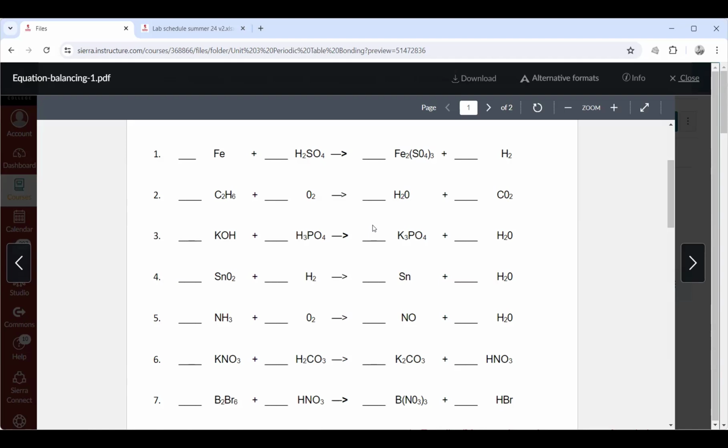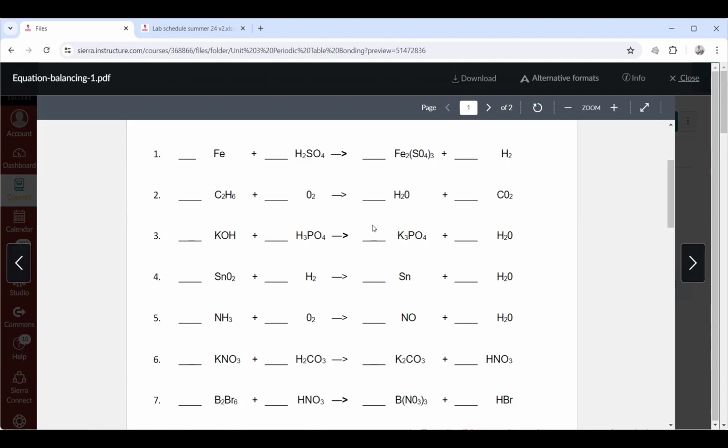okay. So how many hydrogens do you have now? 6, because you multiply each time. Because you have 3 H2SO4s. H2, each time. So then this would be 6. And how many over here now? 2, right? You have 1 H2. That's 2 hydrogens.